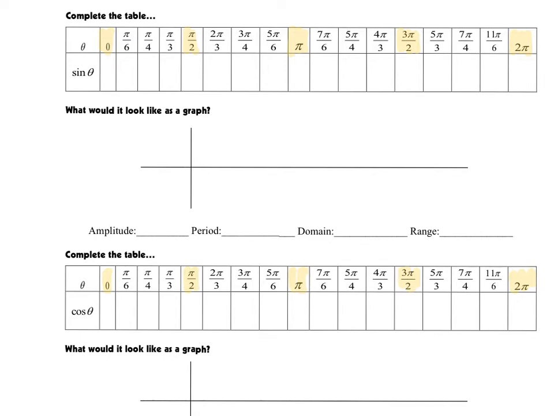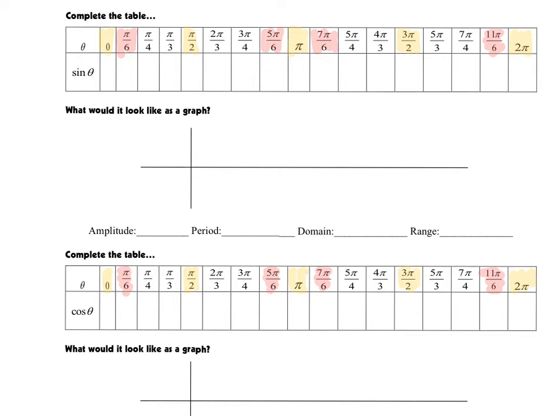So we've got all of our 30-degree reference angles of pi over 6, we've got 5 pi over 6, 7 pi over 6, and 11 pi over 6. Again, we have them down here for our cosine, pi over 6, 5 pi over 6, 7 pi over 6, and our 11 pi over 6.